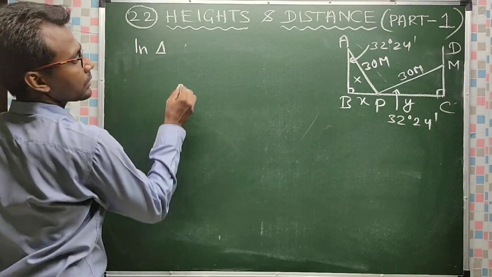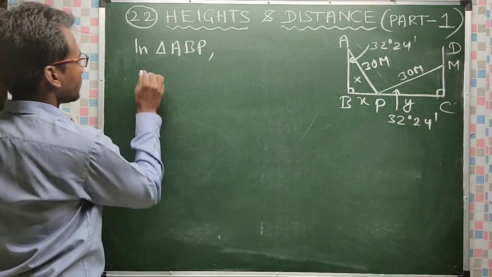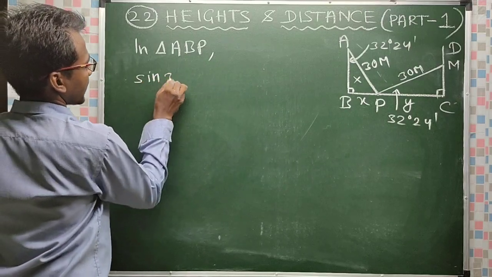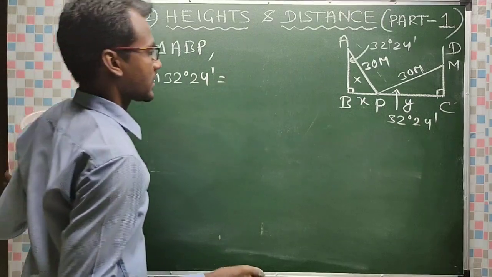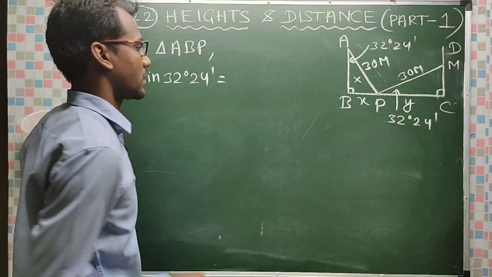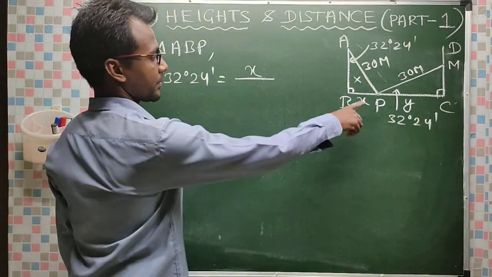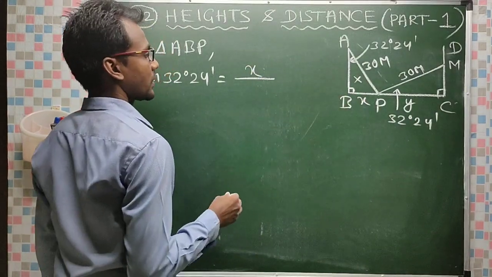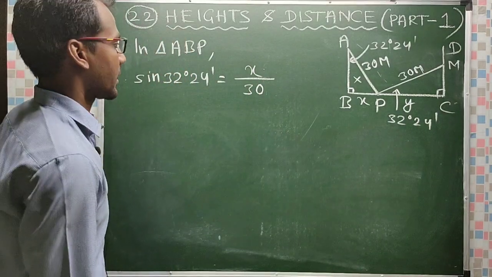In triangle ABP, sine 32 degree 24 minutes is equal to perpendicular by hypotenuse. Which is the perpendicular? X. You can see perpendicular is BP or X. Which is the hypotenuse? 30 meters. Ready? X by 30.